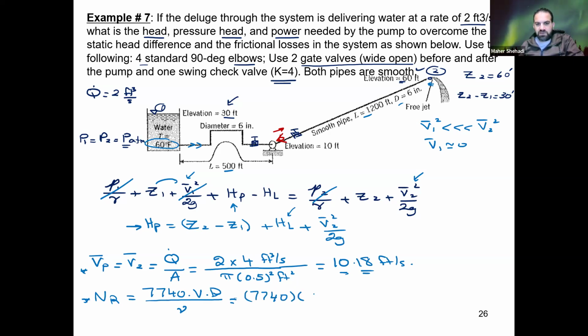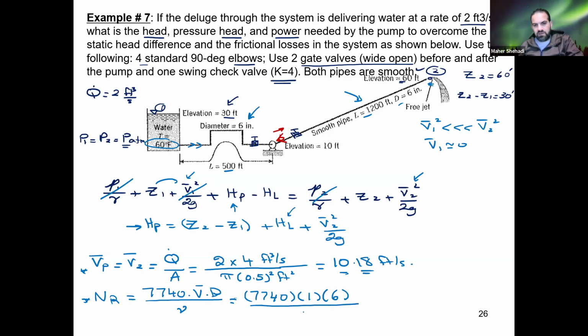Again, make sure you're following the units that are given. The velocity has to be in feet per second, and that's the velocity inside the pipe. Since there's no change in the diameter in the whole system, I don't need to calculate it multiple times. The diameter has to be in inches, so it's six inches.